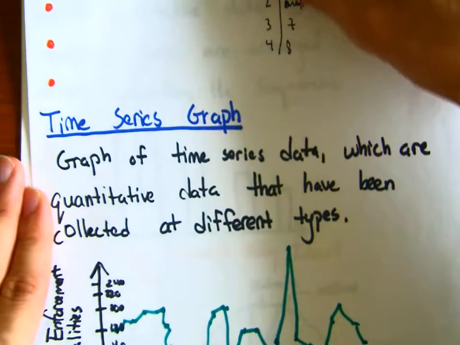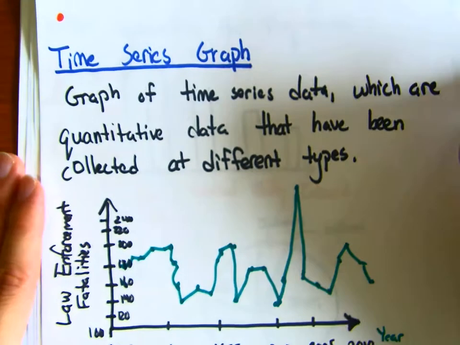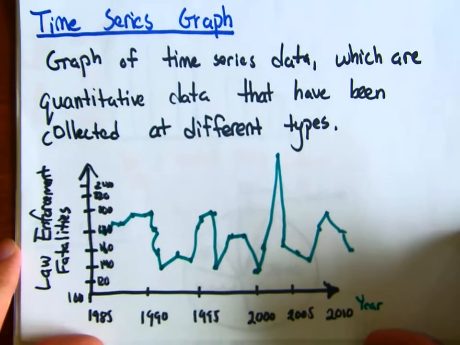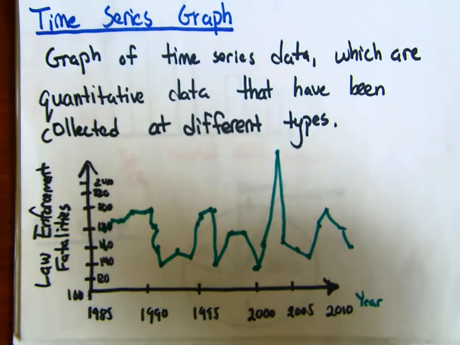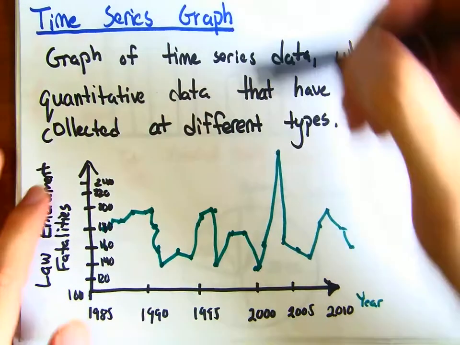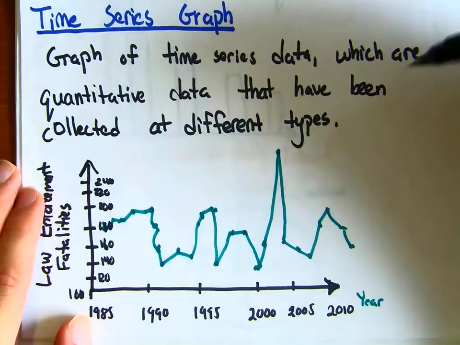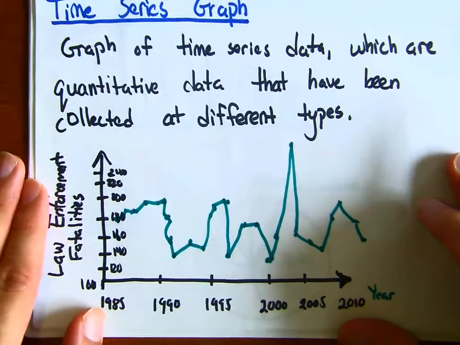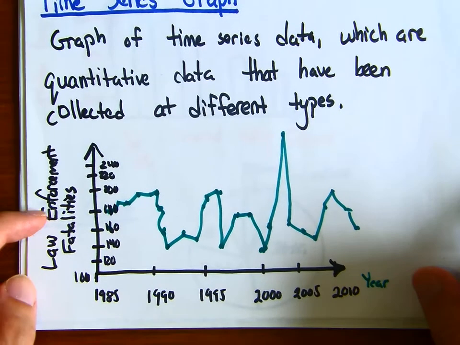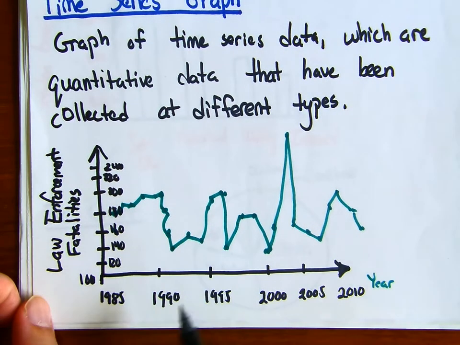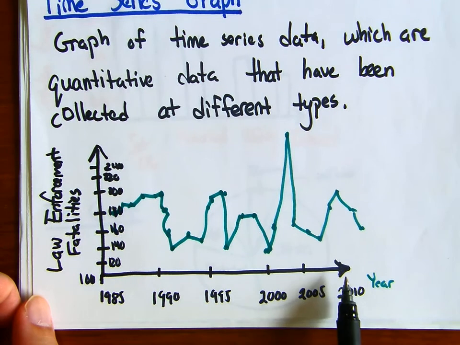Let's go through another. Here, a time series graph, and remember, pause the video and please have this in your notes. A time series graph graphs time series data, which is quantitative data that has been collected over different times. If we talk about, let's say, law enforcement fatalities, we could have data that depicts the period from 1985 to 2010.